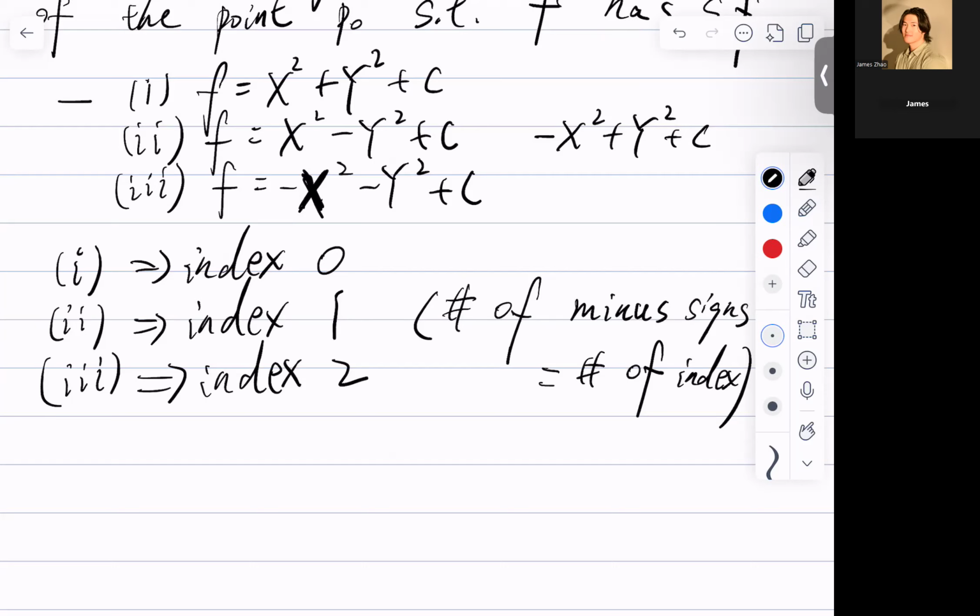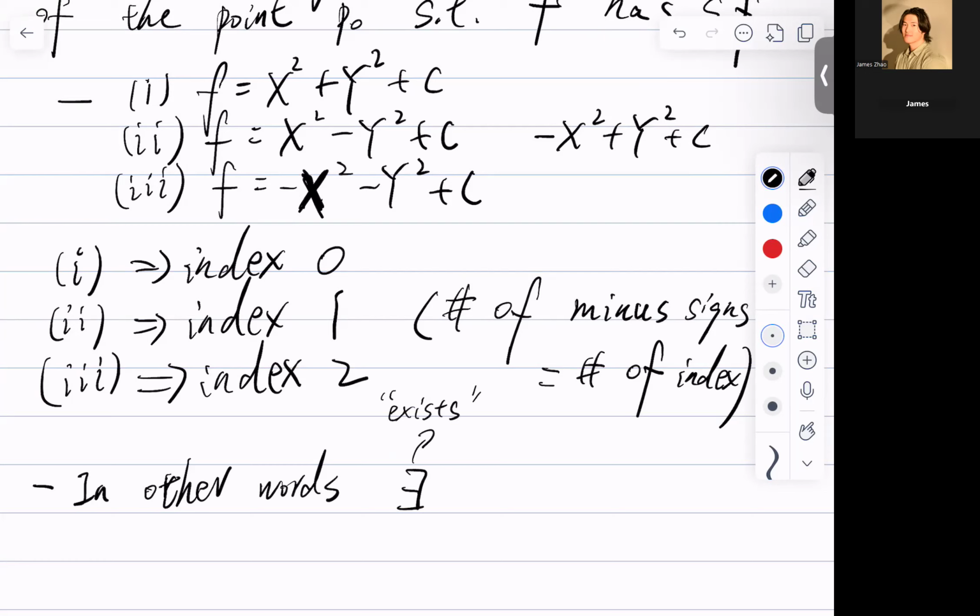In other words, there exists, by the way, this little sign, I don't know if I introduced it in the last lecture, basically means exists.